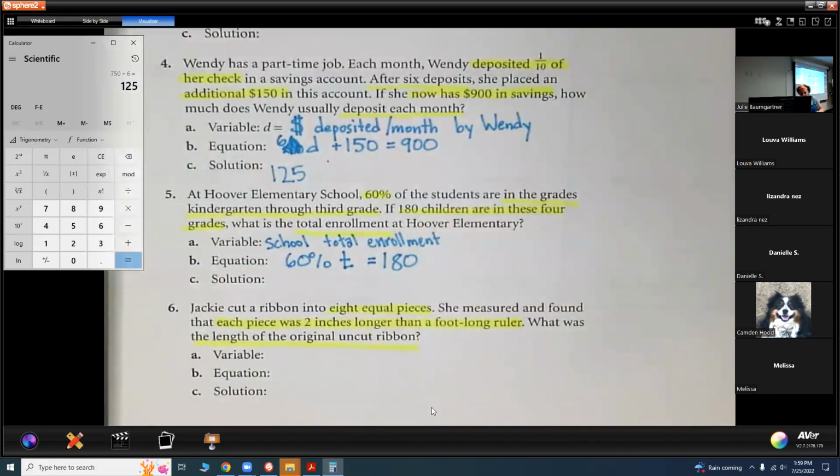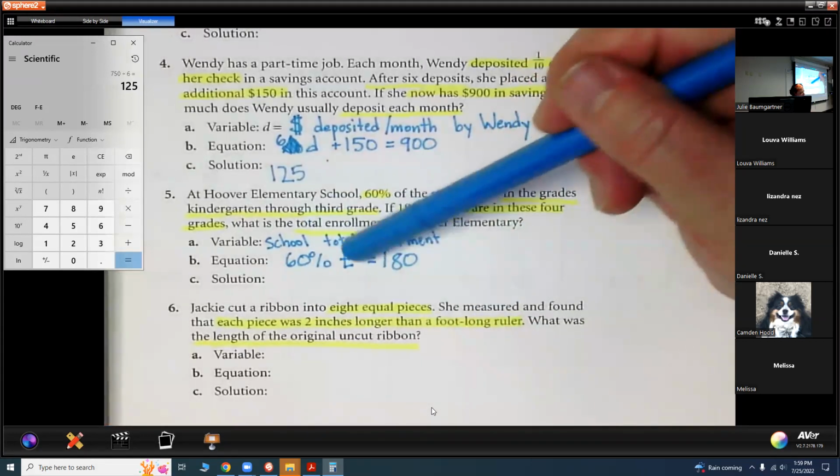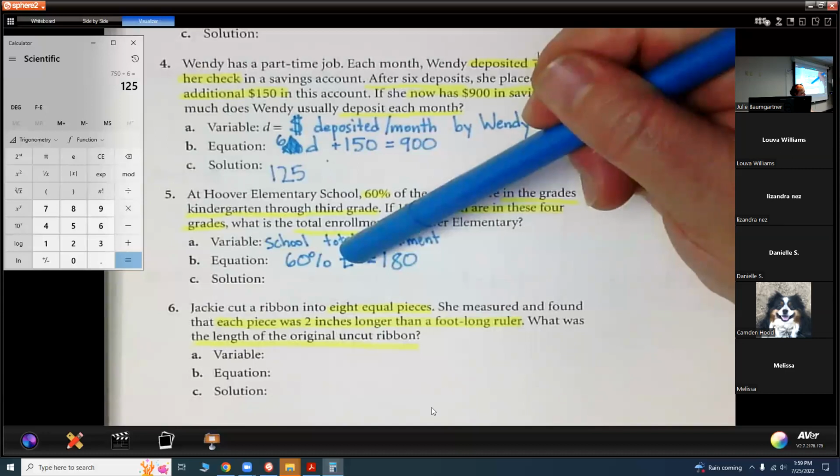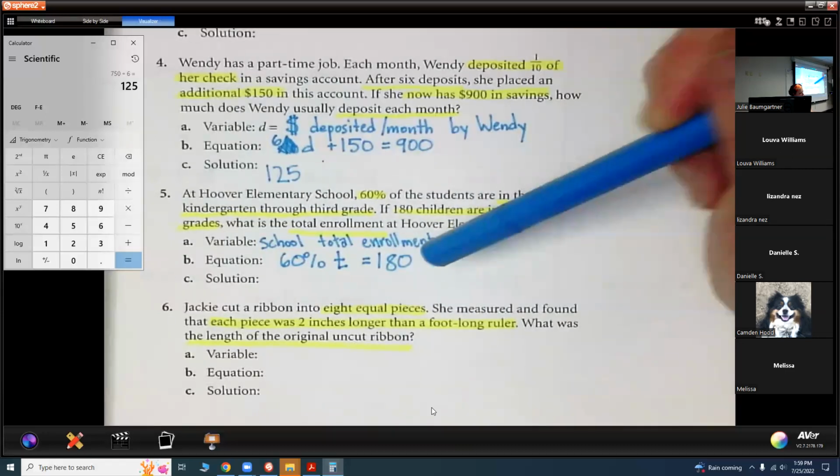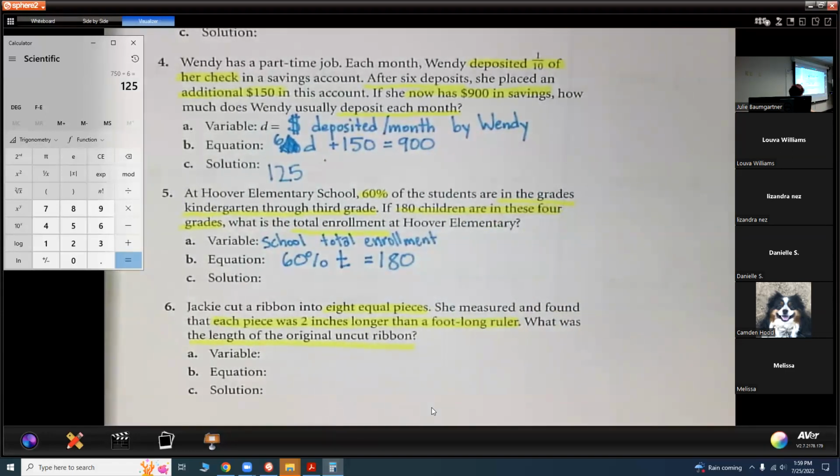So what do we need to do to figure this one out? 60% of the total elementary school population is 180. So what's the total? 432? How'd you get that?